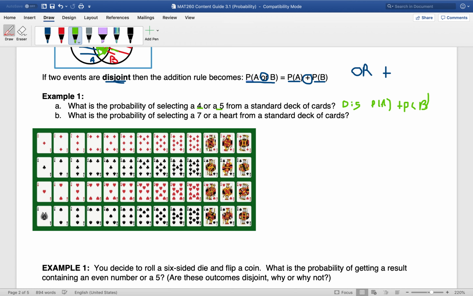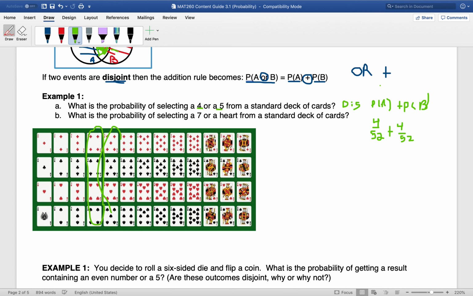So the probability of getting a 4, you can see here there are 4 4s. And because we have 4 4s and our total is 52, the probability of A will be 4 over 52. And this will be the same with 5. So we have probability of 5, we have 4 of those. So we're going to also say plus 4 over 52.